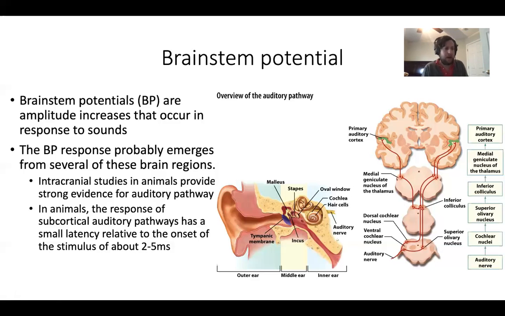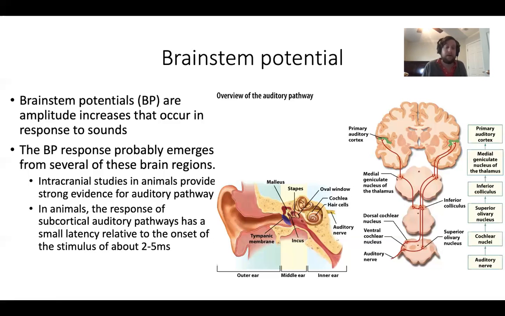This is what happens in animal studies. They measure directly in these subcortical structures, and they see a latency of about 2 to 5, maybe 2 to 10 milliseconds.